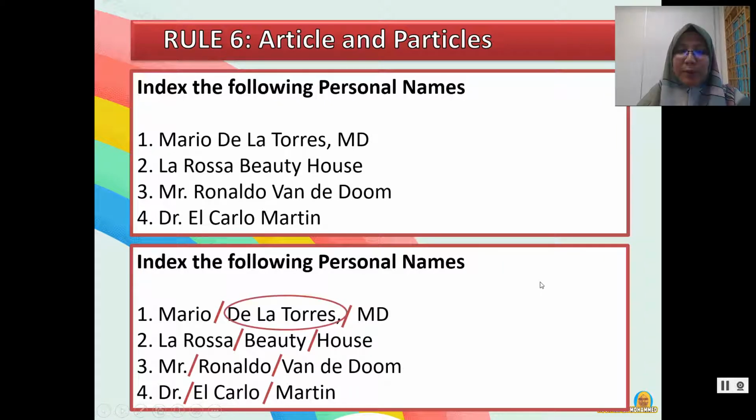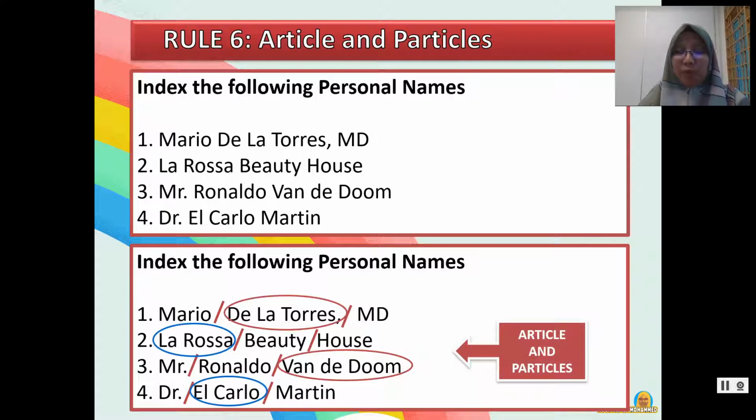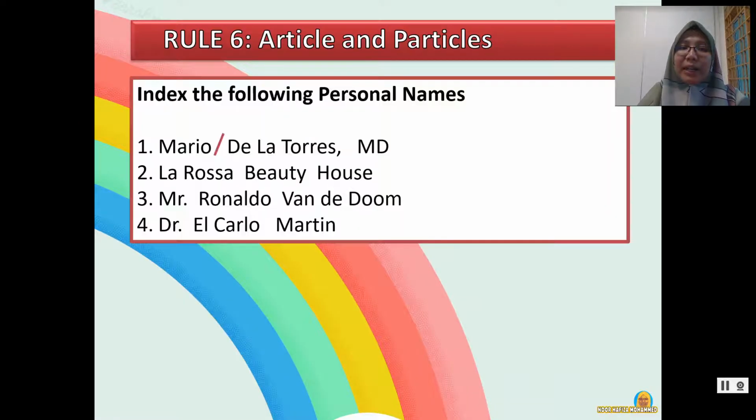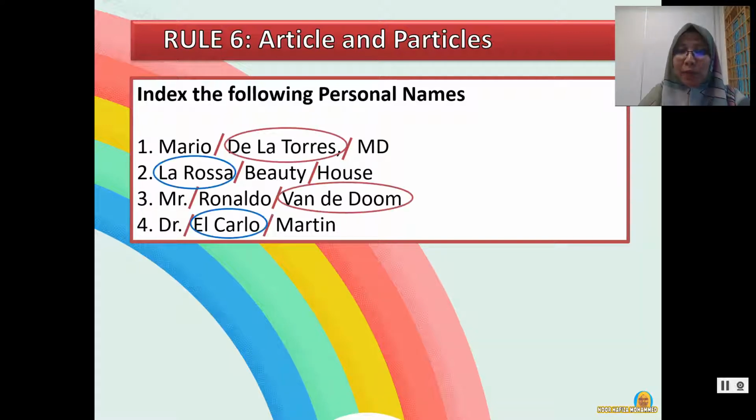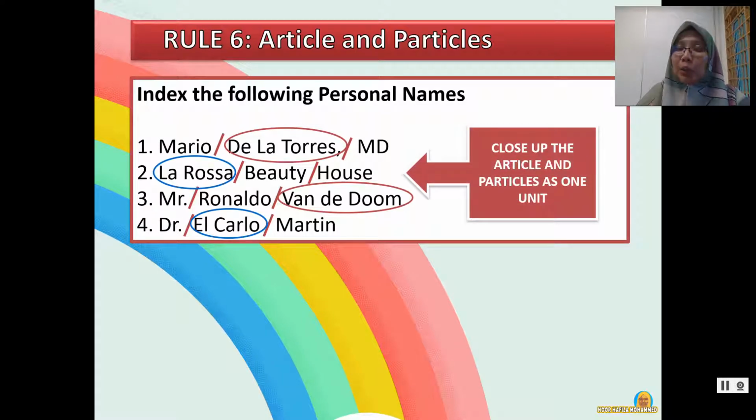Again, you have an article and particle, and you need to close up with the word next to it. After you identify these, you close up, so Dellatoris will be closed up into one filing unit.